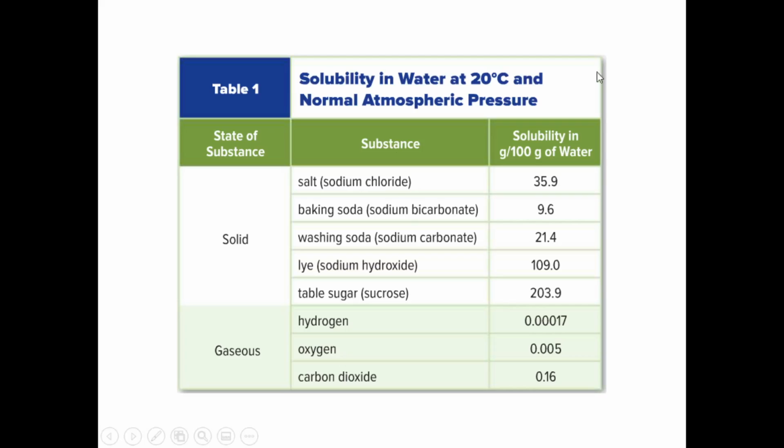For washing soda, sodium carbonate, which is like what might go in your dishwasher and is used for a lot of different applications, it's 21.4 grams per 100 grams of water. Lye, which is drain cleaner, is 109. That's a very large solubility comparatively to the other ones in this table.